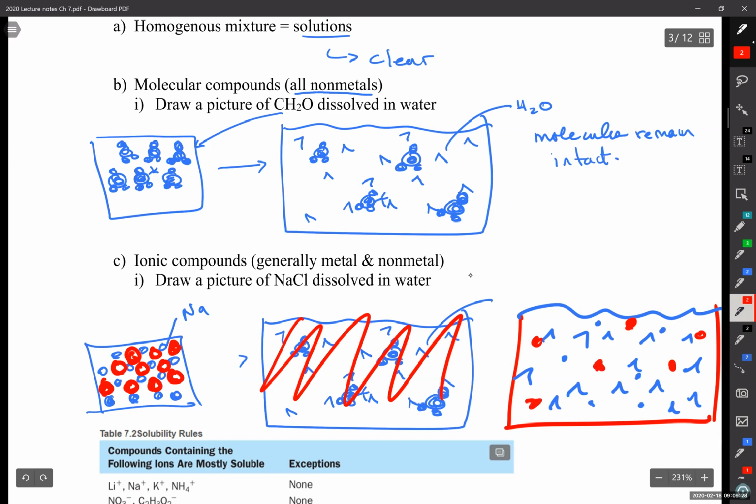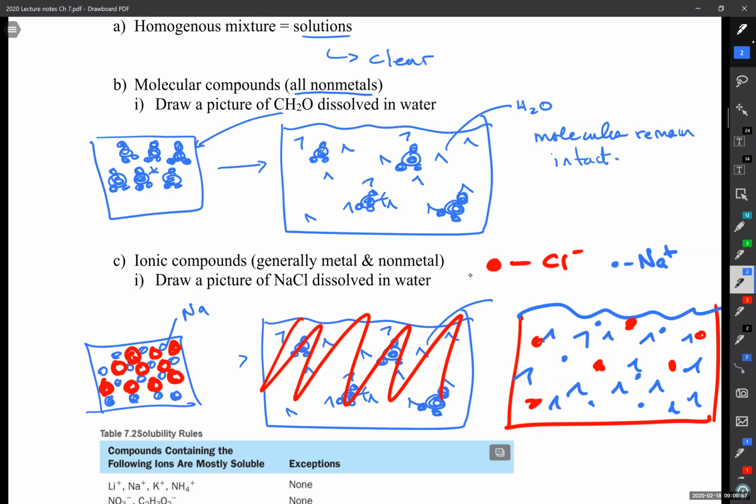And the ions separate. So this is Cl minus, and this is Na plus. And so they separate from each other. So what it means for a molecular compound to make a homogeneous solution is like going to a park with a good friend and hanging out all day together, like the molecule, right?